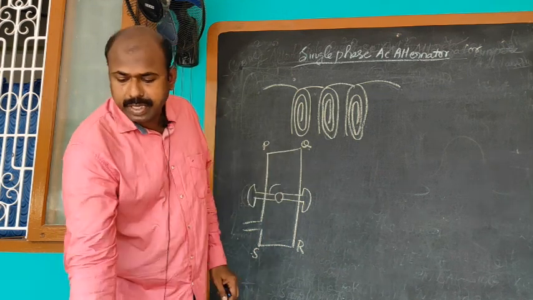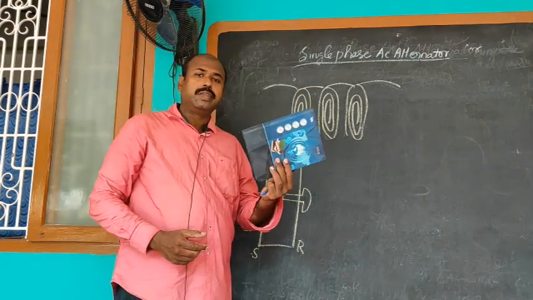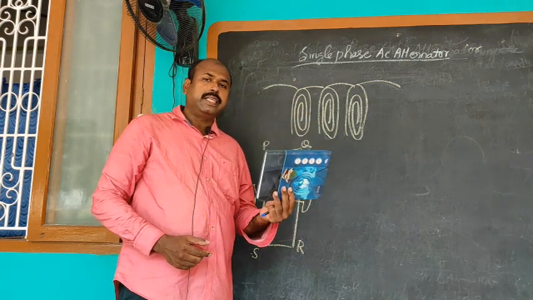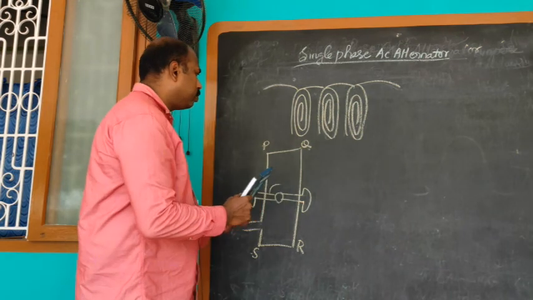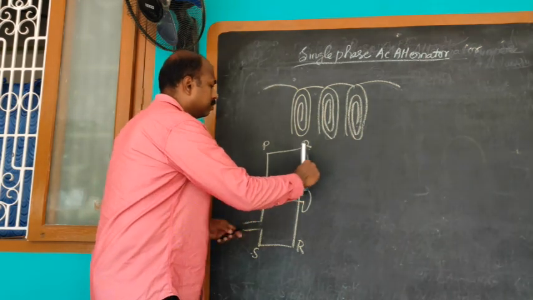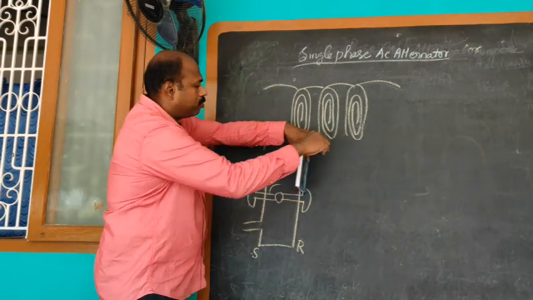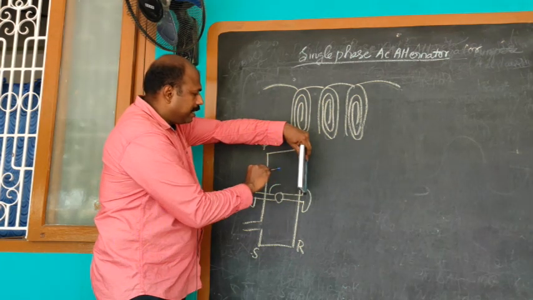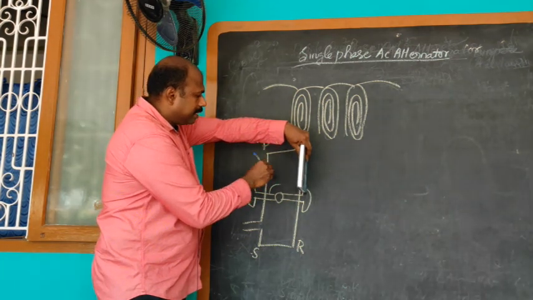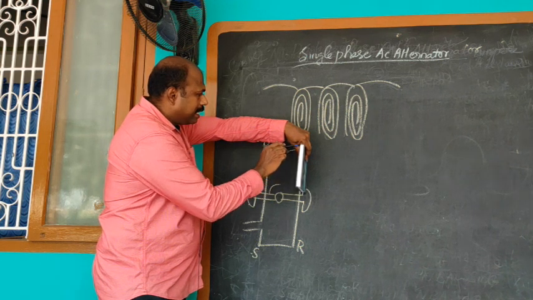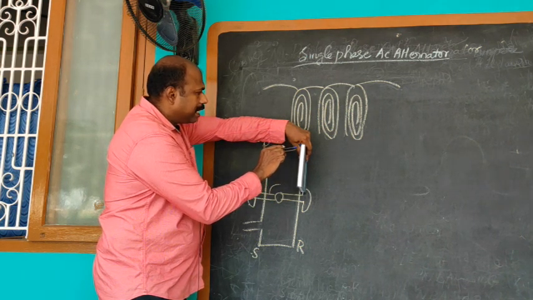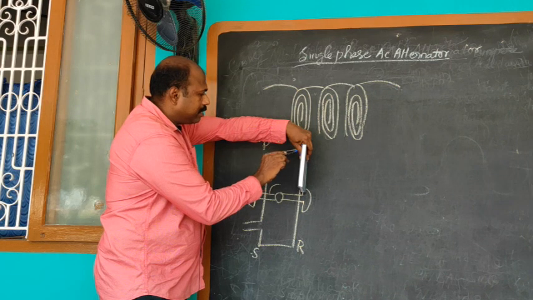It is mounted in the stator core in such a way that it is perpendicular to the plane of the board. This is the armature coil and this is the field magnet, which will rotate like this. Thereby a change in magnetic flux takes place, and EMF is induced in the circuit.